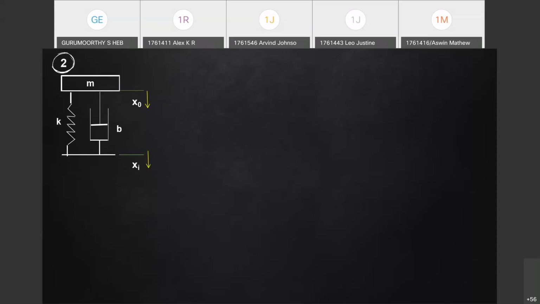Any element which connects both displacements, we have to take the relative motion, x naught minus xi or xi minus x naught, depending upon which point we are writing the differential equation for.